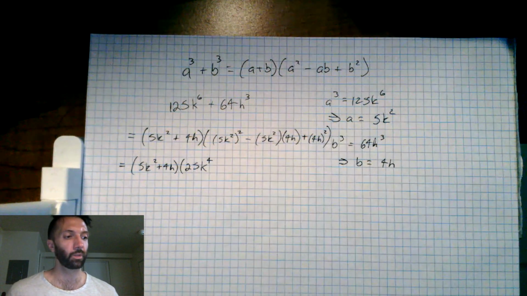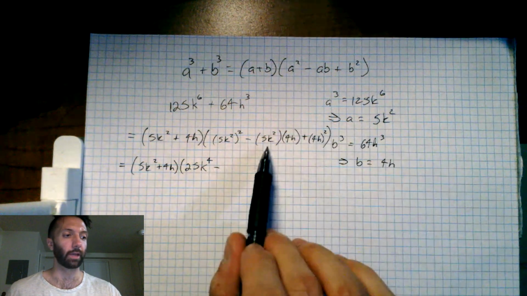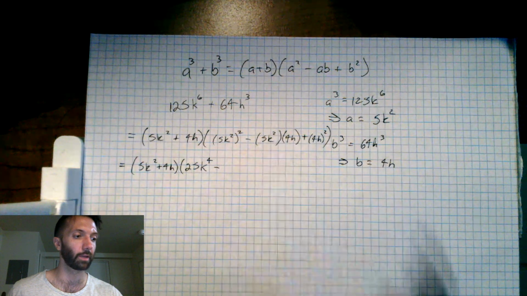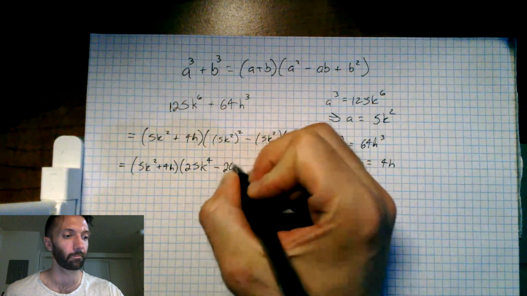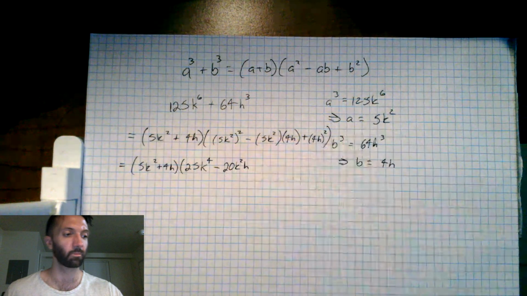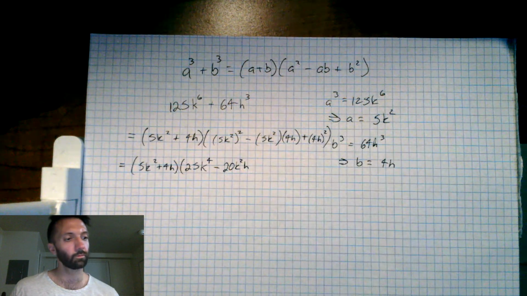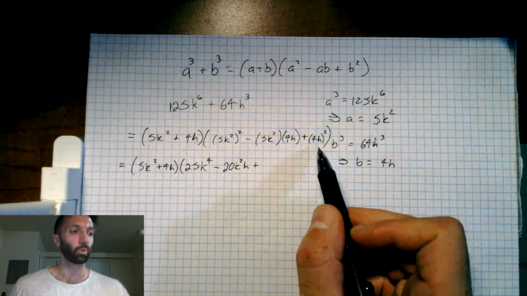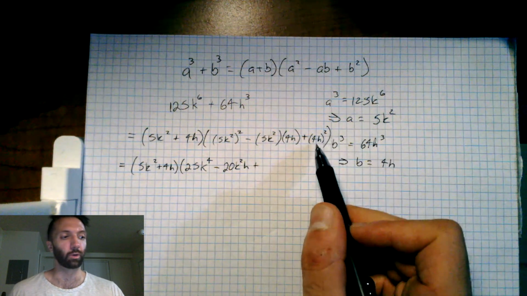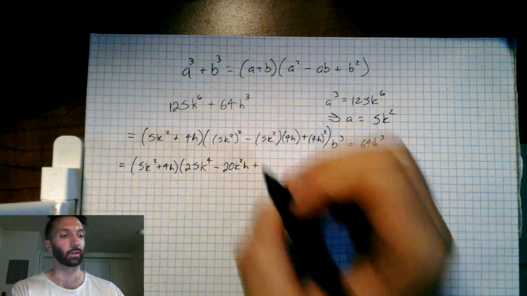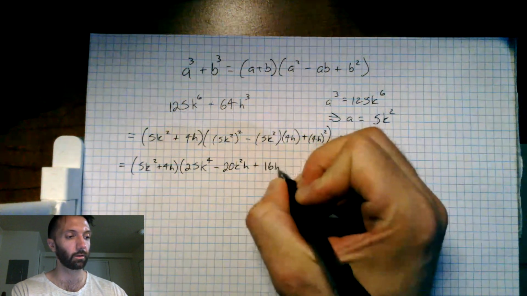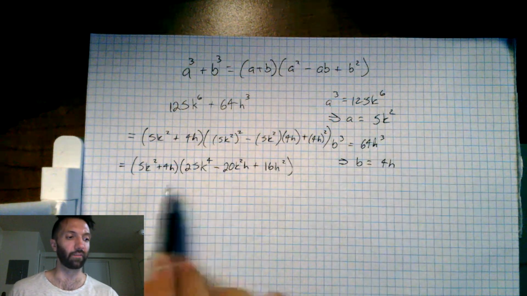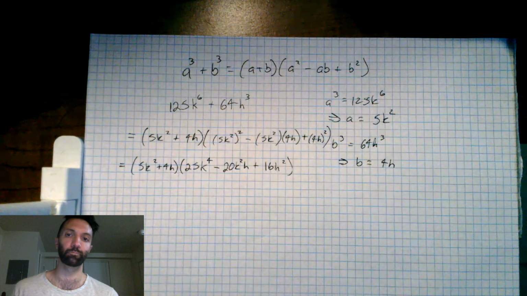And then we're going to subtract a times b, so that's going to be 20k squared times h. And then finally we add 4h, the quantity squared, so 4h times itself, that's going to be 16h squared. All right, and here is your factored sum of cubes.